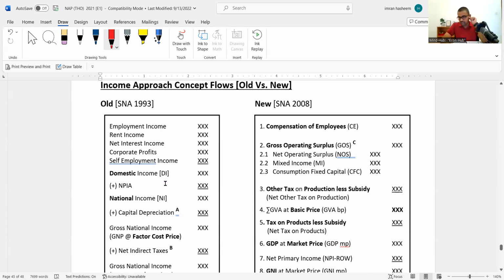But in the new national accounting approach, we have broken it down into basically 3 main areas when we do the calculations: compensation of employees, and then we look at gross operating surplus. Operating surplus and mixed income is taken under that category. And then we have other taxes on production less subsidies, so that we will get the answer at basic price.